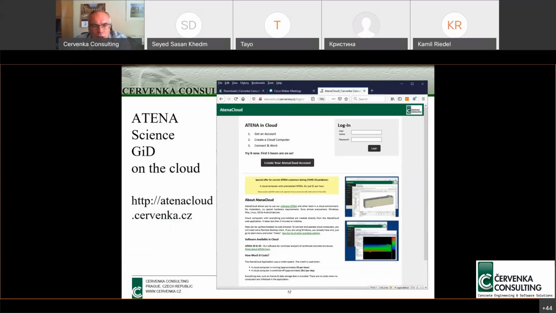Well, one more thing I also want to point out, one of the new developments, it is also possible to use ATENA on the cloud. If you go to this website, ATENA Cloud, cervenka.cz, you can obtain an account there, and there is some initial free period. You can try ATENA.